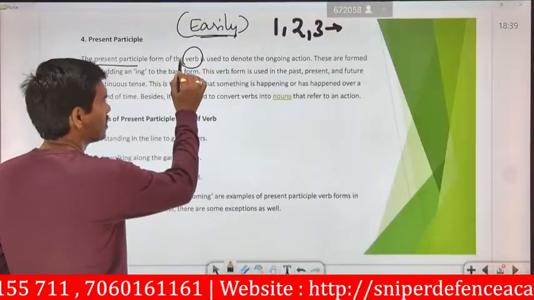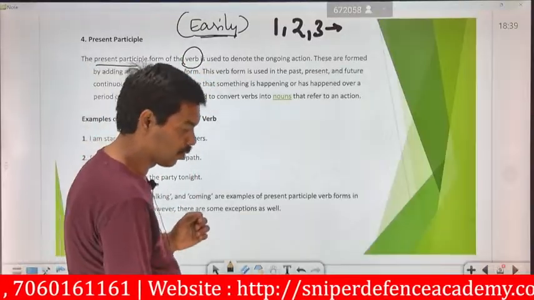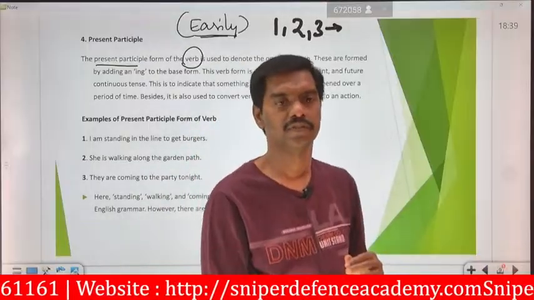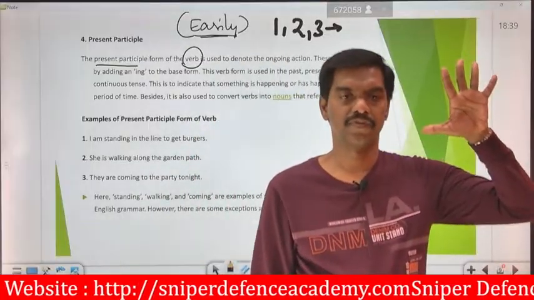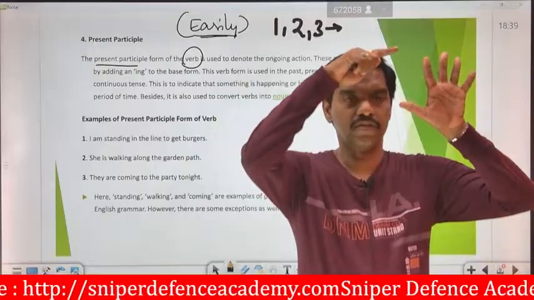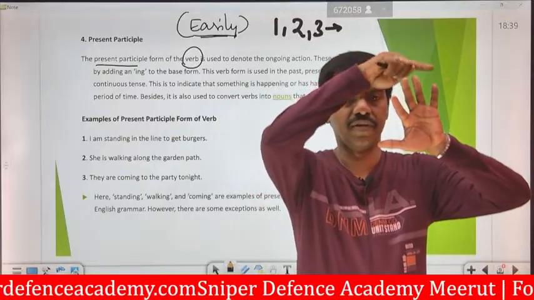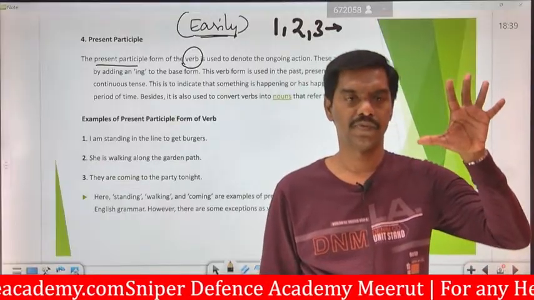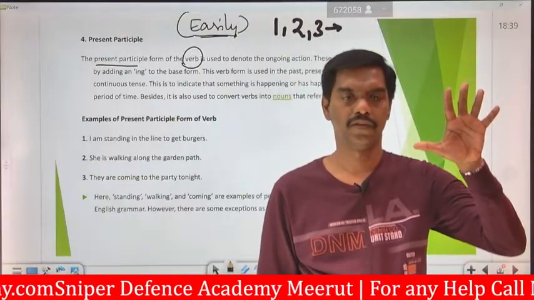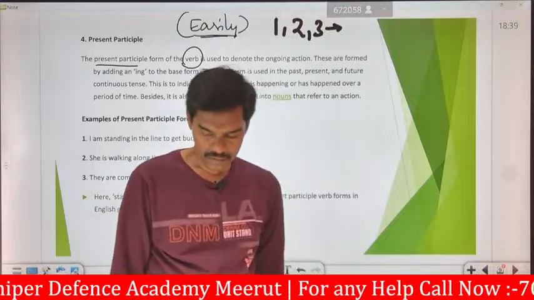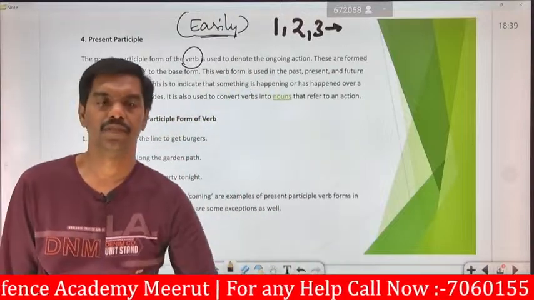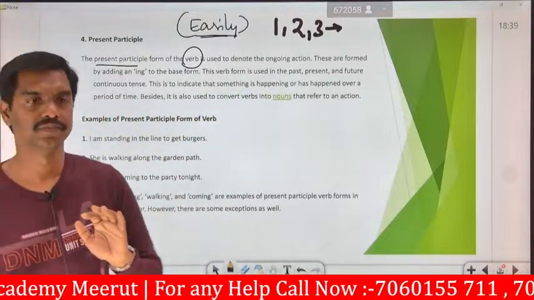Generally, we know that it's a type of verb. So how many types of verbs are available? There are 5 types of verbs available: V1, V2, V3, V4, V5. Okay. Each verb will say one action.